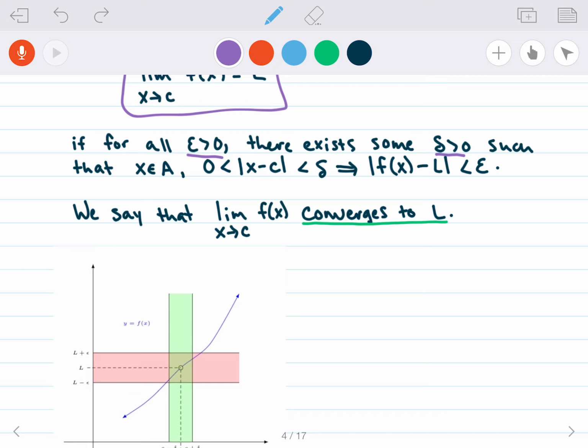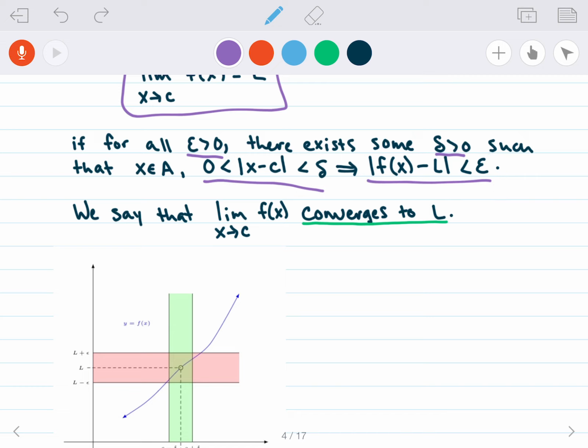Okay, so whenever the absolute value of x minus c is less than delta, this implies that the distance between f of x and our limit L is less than epsilon. So you should think of it like this in your head. Whenever x is in the delta neighborhood of c, f of x is in the epsilon neighborhood of L.